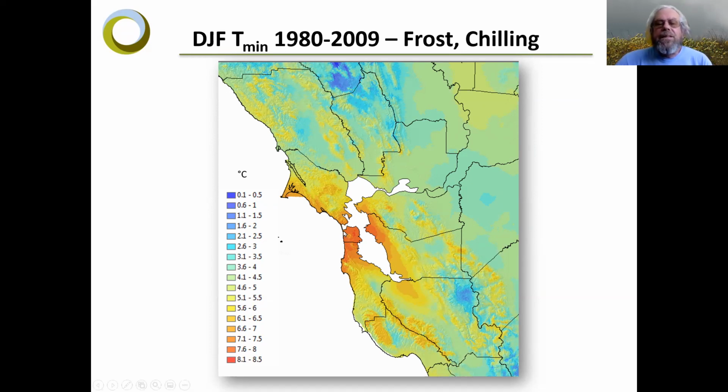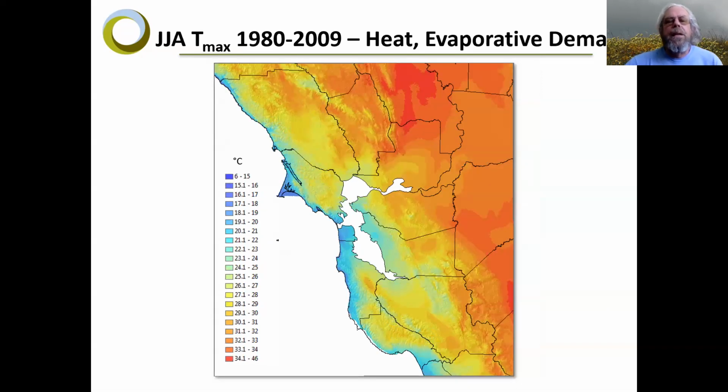So you can see, San Francisco is nice and warm. The East Bay is nice and warm at night in the winter. And then you'll get up to the top of Mount Hamilton where it's blue. It's a lot colder up there. We can see some of the large inversions in the valleys. So it gives a little sense of the climatic complexity of the Bay Area.